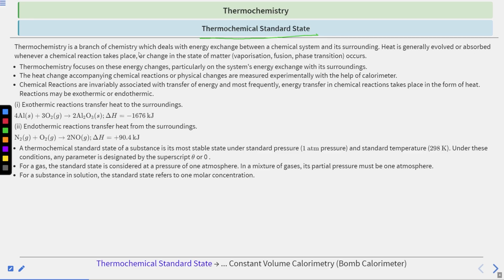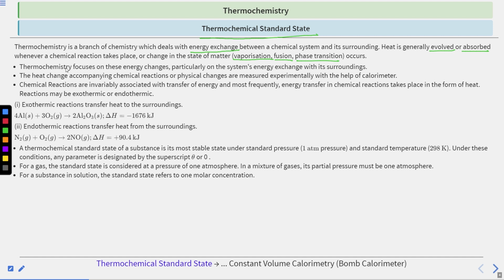Thermochemistry is a branch of chemistry which deals with energy exchange between a chemical system and its surrounding. Heat is generally evolved or absorbed whenever a chemical reaction takes place or a change in the states of matter occurs, like vaporization from liquid to gas, fusion from solid to liquid, phase transitions, etc. So in thermochemistry, we will study the change of heat or energy and the change of states of matter.